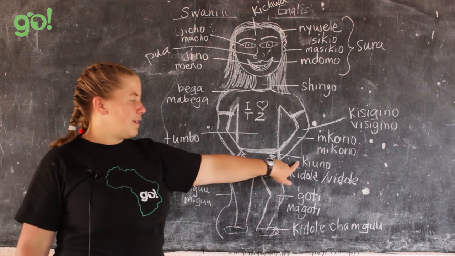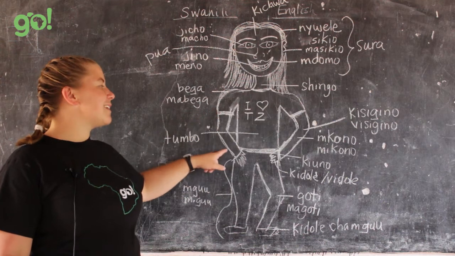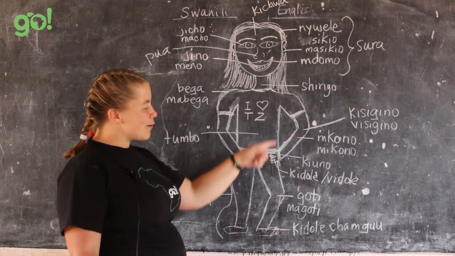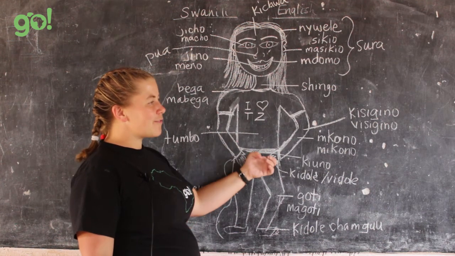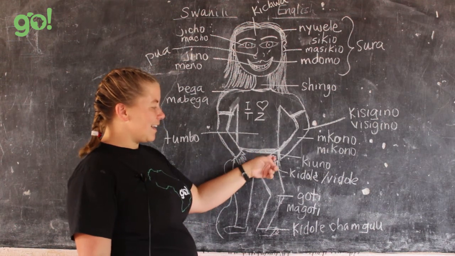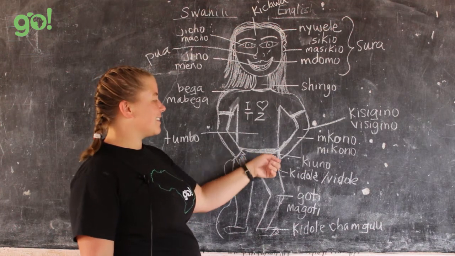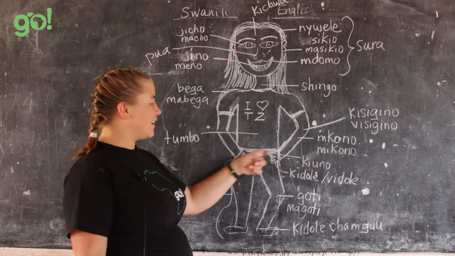Your arms, in Swahili, they'll most commonly say mkono, and that's your arms all the way down to your hands. So there is a special word for hands, but you'll rarely hear it. I think it's viganza. Viganza is your hands, or kiganza would be one hand.